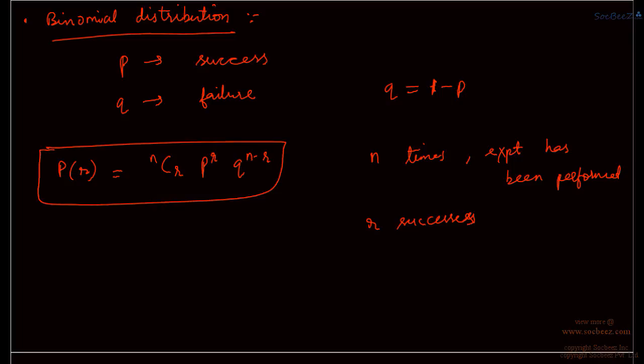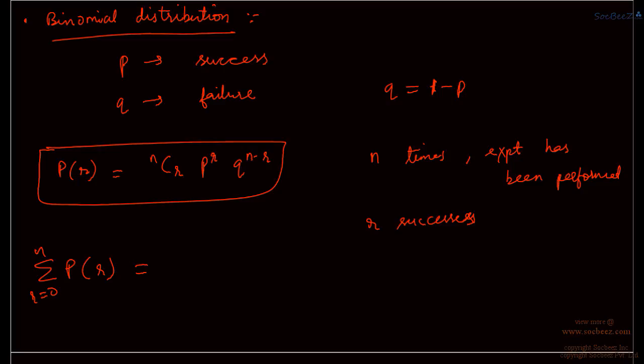Actually, if you try to sum this over all the possible numbers of successes, with r going from 0 to the maximum number n, what do you get?